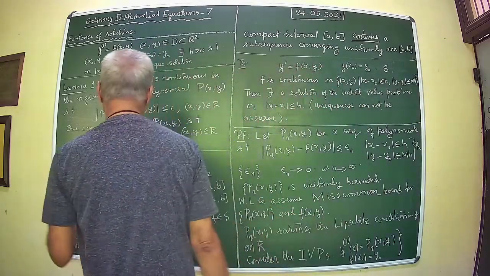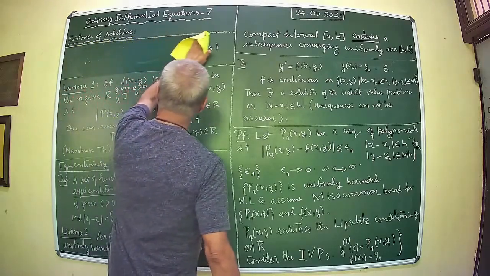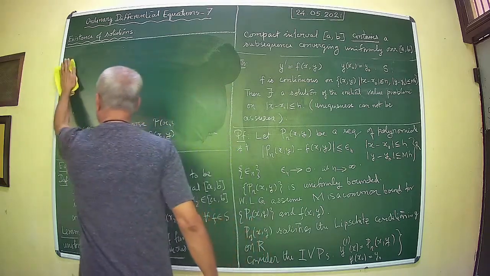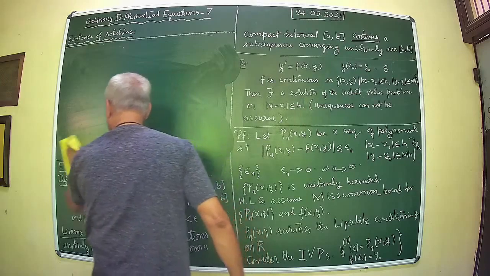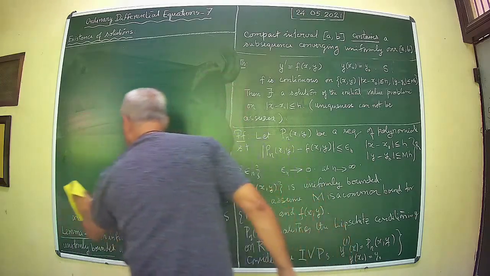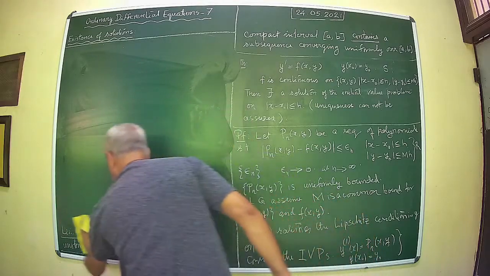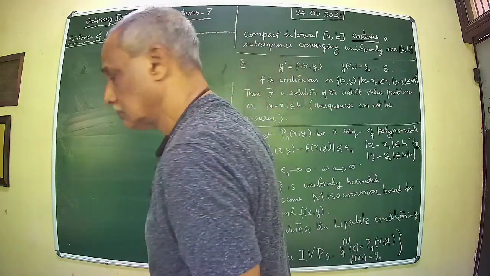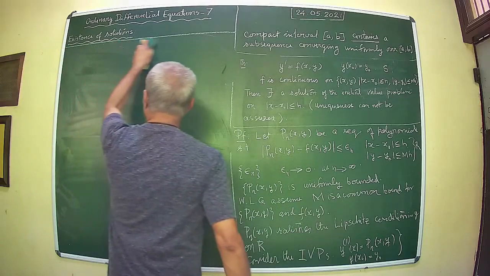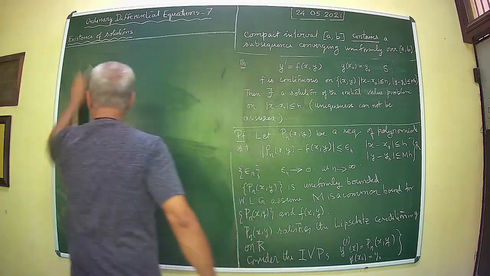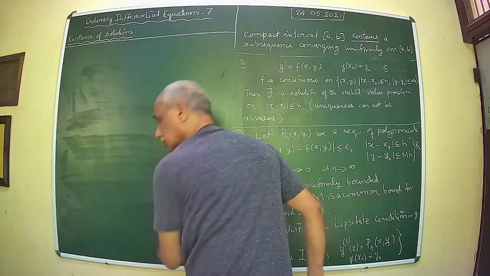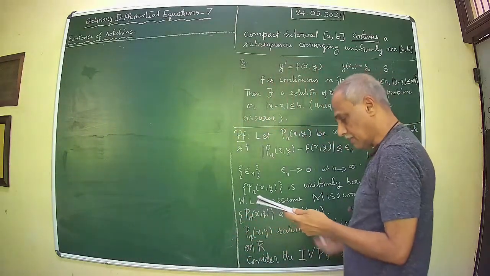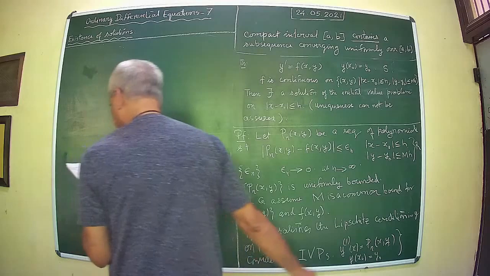Corresponding to each Pn, you have an initial value problem. So what do we have then? You can use the existence and uniqueness theorem.